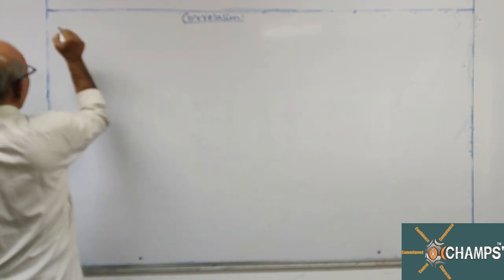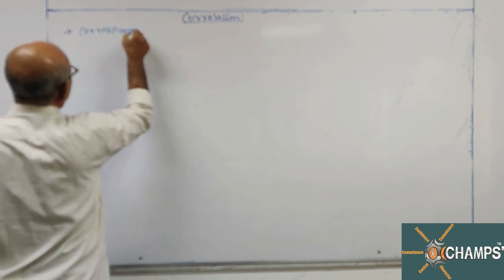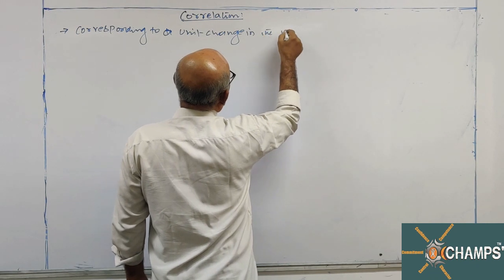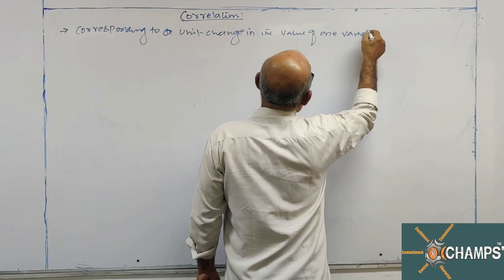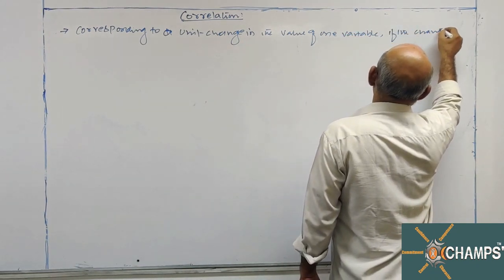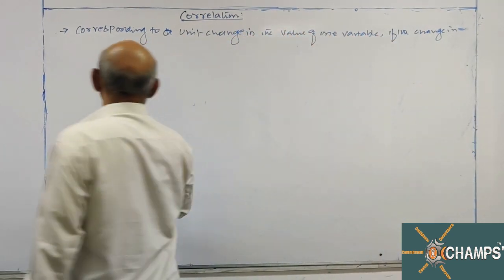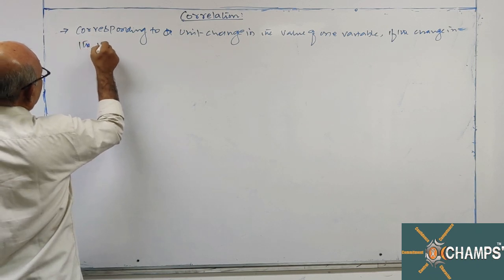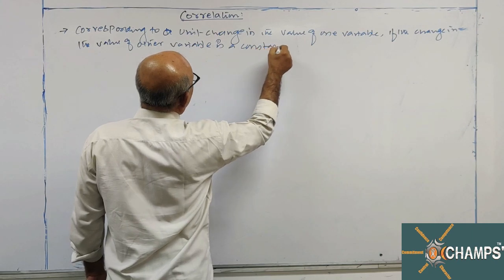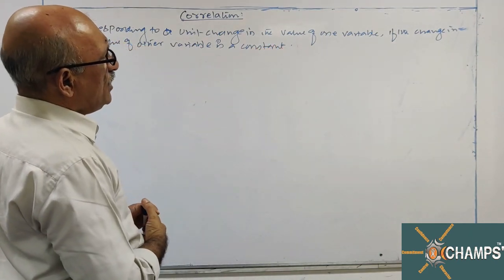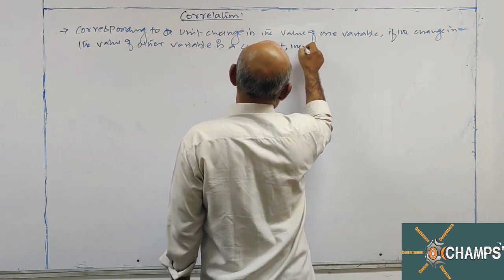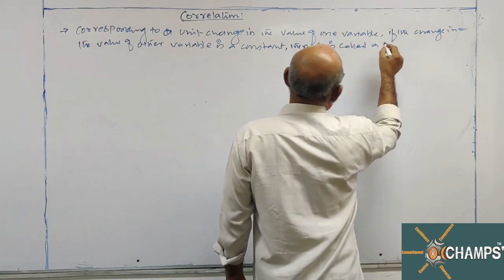Let us see one more definition, that is one more variety here. Corresponding to a unit change in the value of one variable, if the change in the value of other variable is a constant, then it is called a linear correlation.